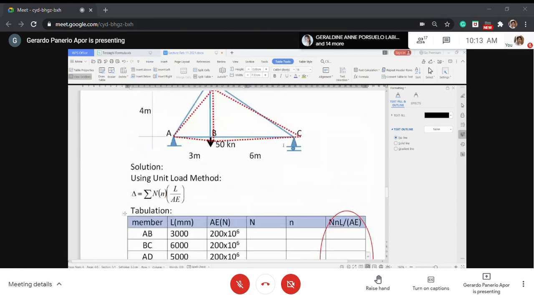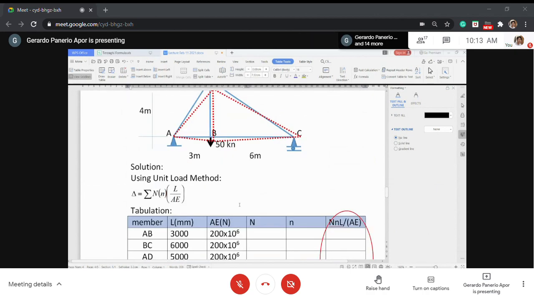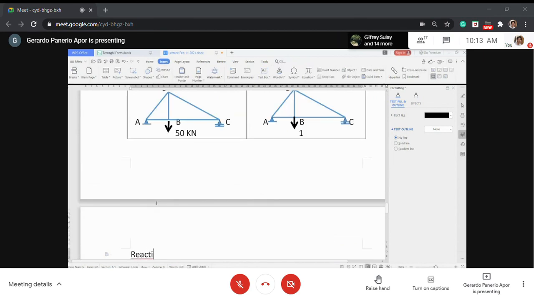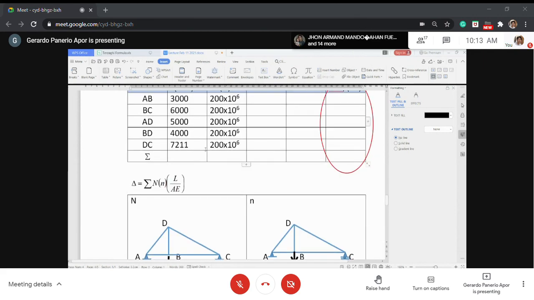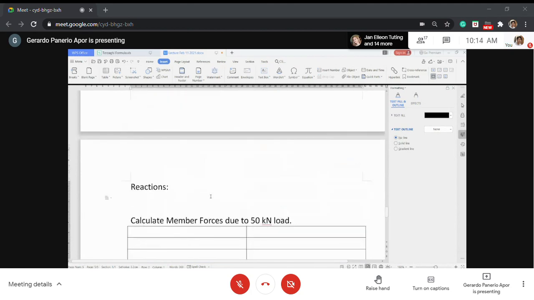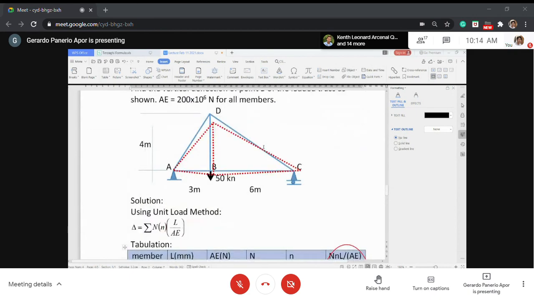Now, the reaction here, if I'm going to consider the reaction. So first, I will solve the reaction. This is no issue to you. The reactions. REY is equal to 50 times 6 divided by 9.